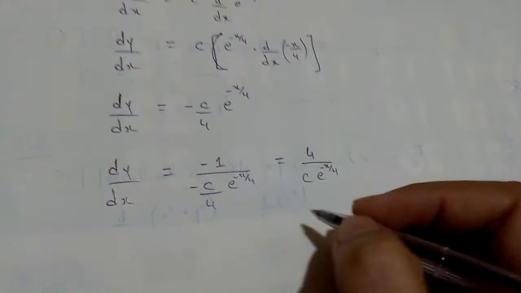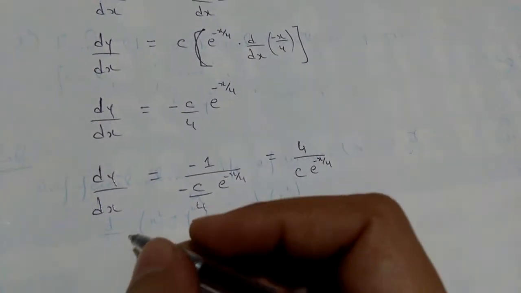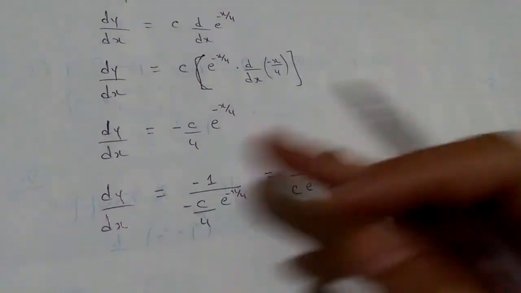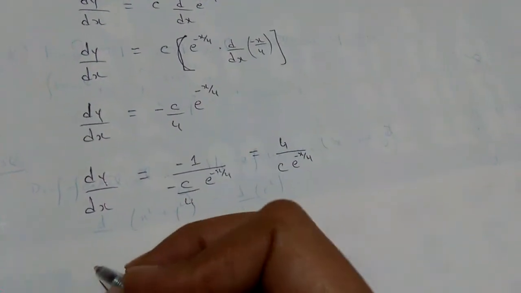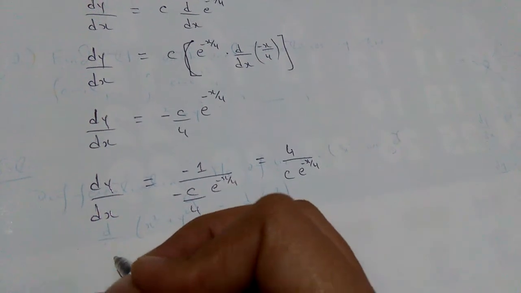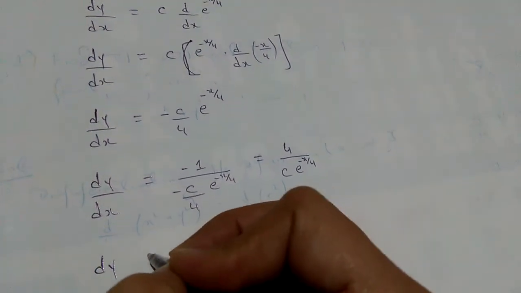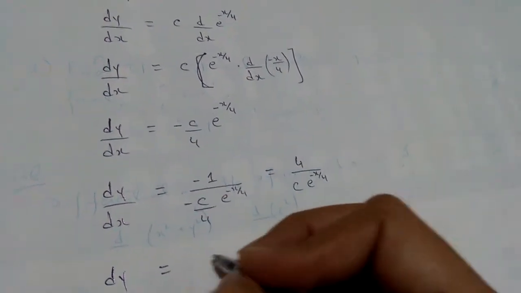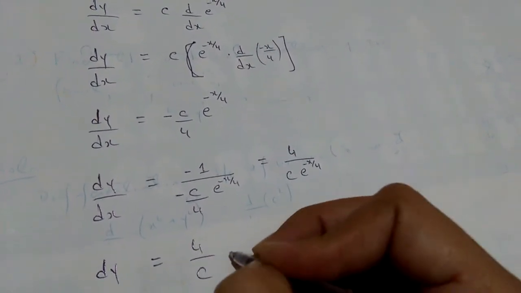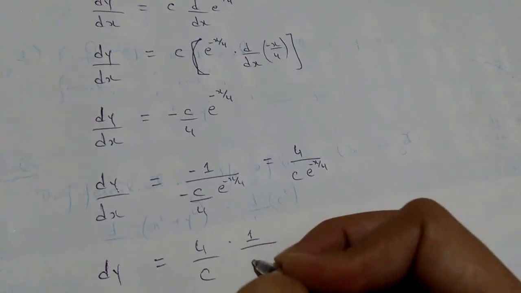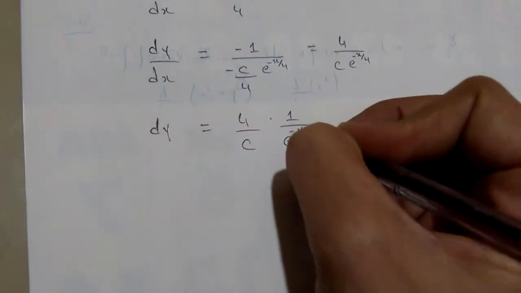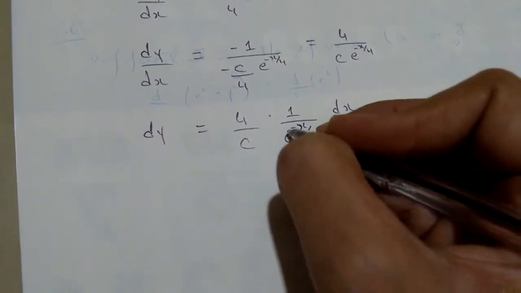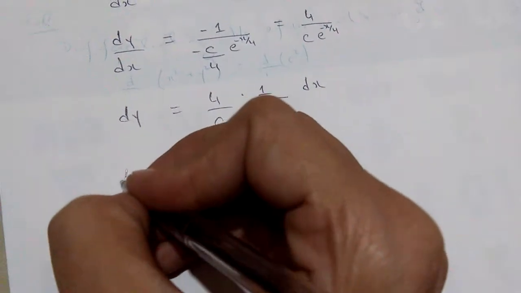Okay, that's it. Now we are going to form a nice differential equation by swapping the values here and there. Let's see what we get. So dy equals, I just move this differential over here, so it becomes something like this, and we have a negative power here, so it moves upwards and becomes positive.